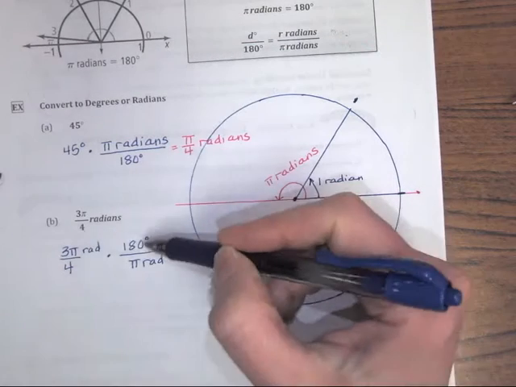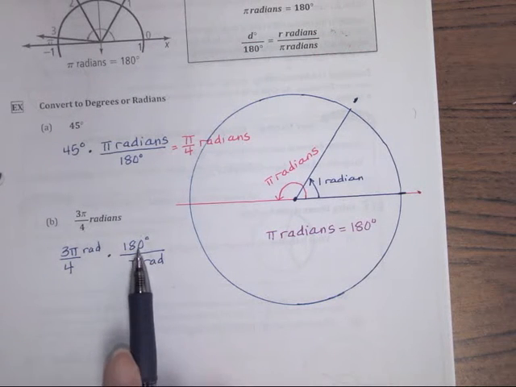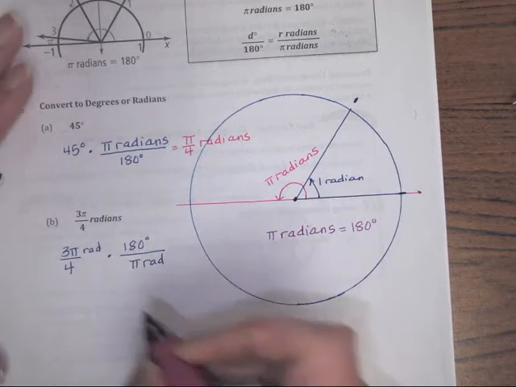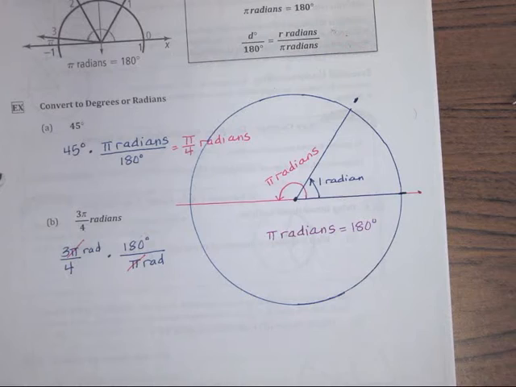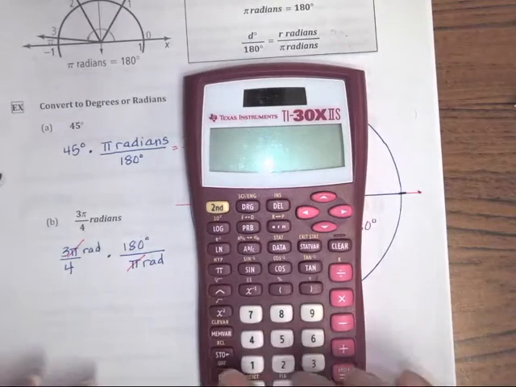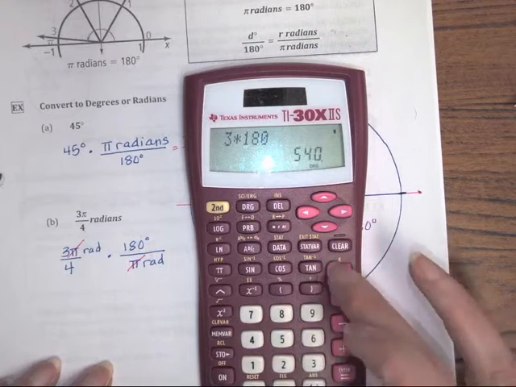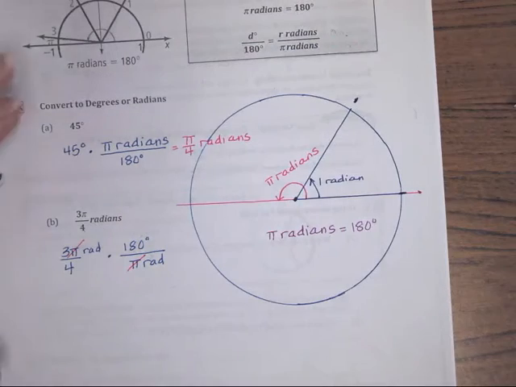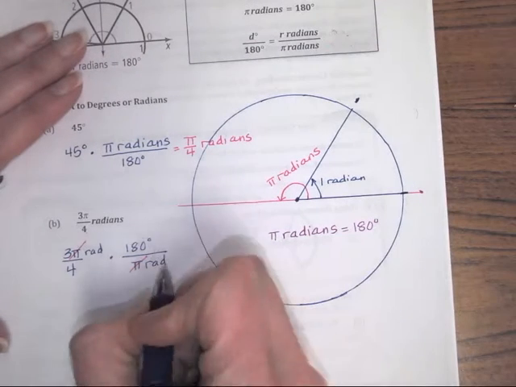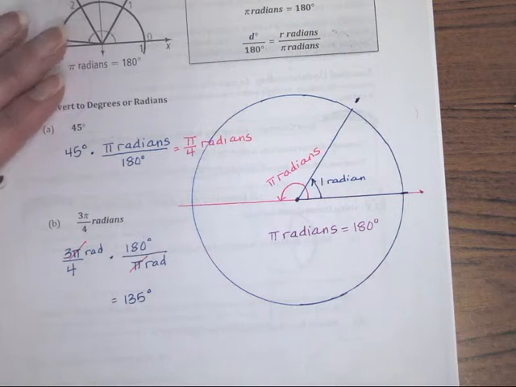I flipped it upside down because I have radians, which I want to get rid of, and I want to end with degrees. So now, do you see how the pi's cancel? It allows you to get rid of the pi's. And then I've got 3 times 180, and then divide by 4 gives me 135 degrees. So this equals 135 degrees. Pretty cool?